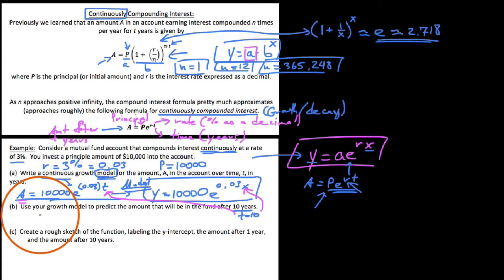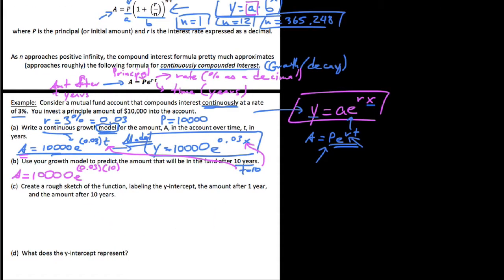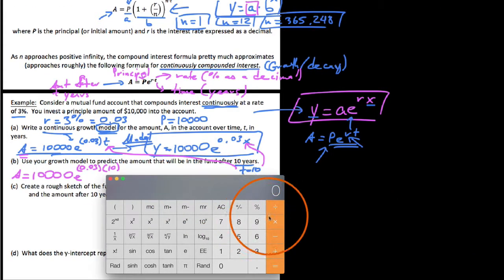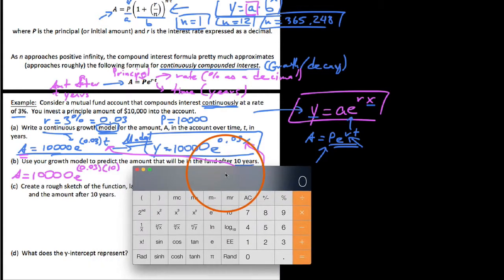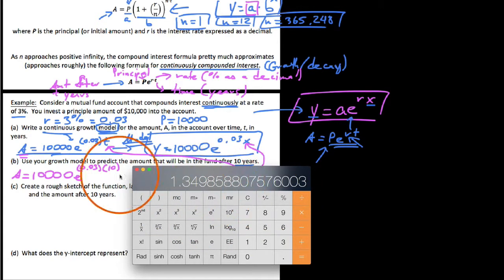So let's go ahead and run a calculation on this. We say, well, the amount would be equal to the 10,000 that I started with, compounded continuously at a rate of 0.03. Now that 0.03 is our rate, but our time now is 10. So if I'm going to do this on a calculator, let's go ahead and trace my steps here. I'm going to do 10 times 0.03 first, so there's our 0.3 in the exponent. We're going to do e to the power of this. So e to the power of 0.3 is all of this.